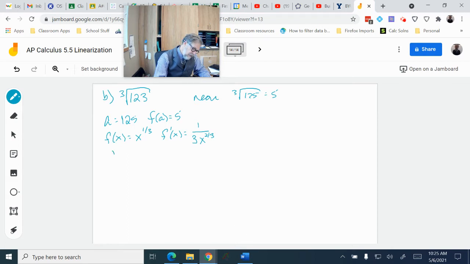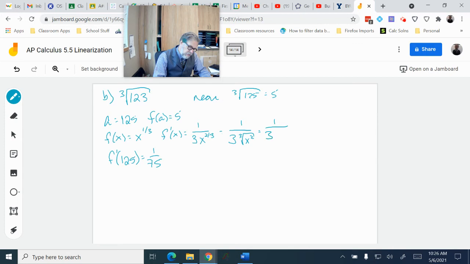Well, that means that the derivative at 125 equals 1/75th. And when I say we'll fiddle around with that, there are a lot of ways to write 3x to the 2/3. One way is obviously 3 times the cube root of x squared. Well, I don't particularly want to take the square of 125 and then figure out its cube root.